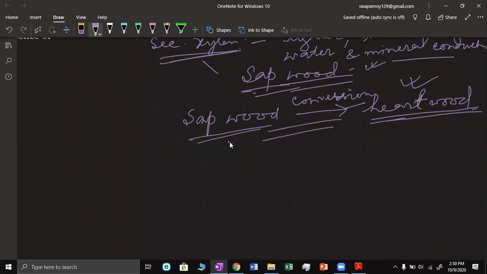Sapwood is near the vascular cambium, and heartwood is away from the vascular cambium.